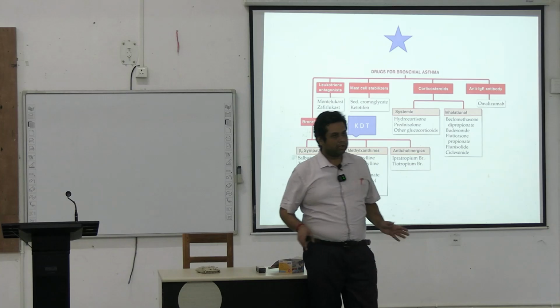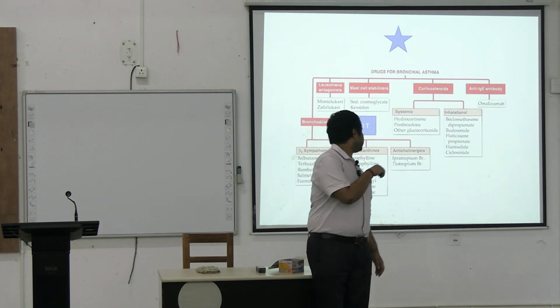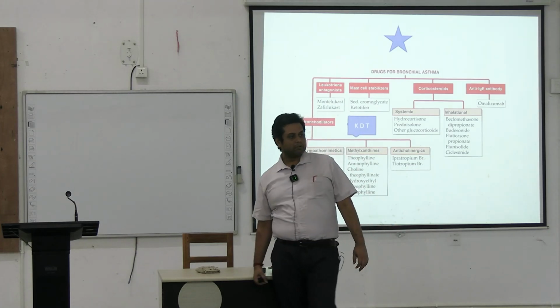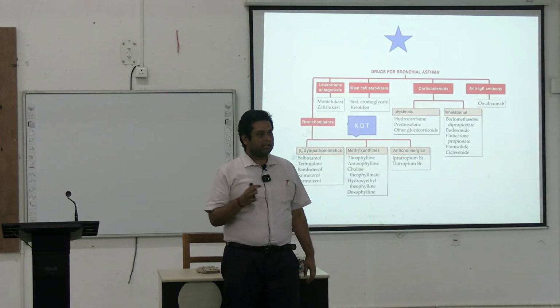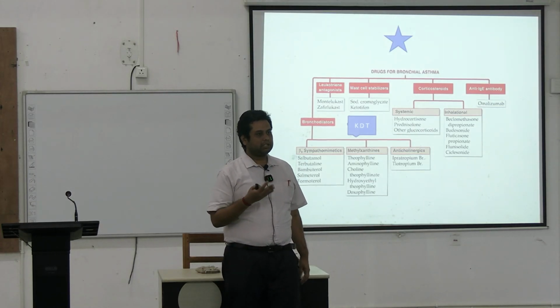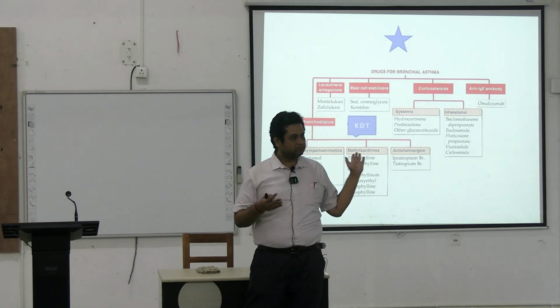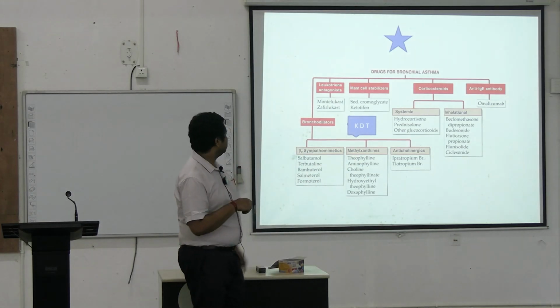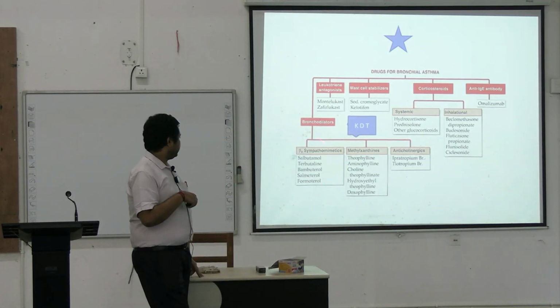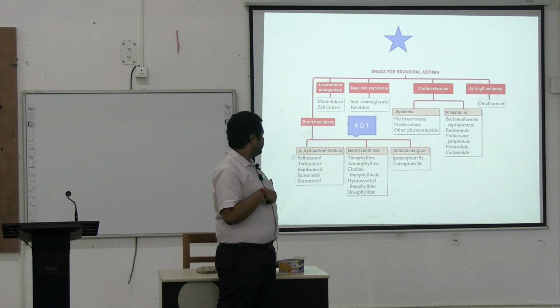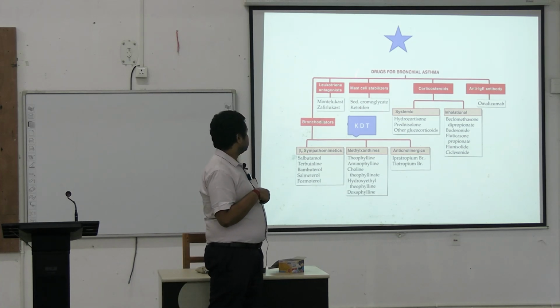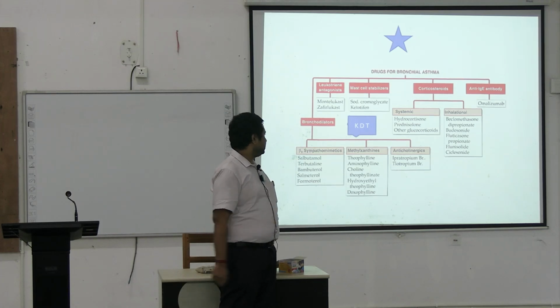So write it properly. This is a picture given in your KDT. If you can write it in this way, it is very good. The examiner will find it easier to check your copy, ঠিক আছে? It fetches very good marks. ঠিক আছে? So there are bronchodilators like beta agonist, methylxanthine, anticholinergic, mast cell stabilizer, leukotriene antagonist, corticosteroid, anti-IgE.